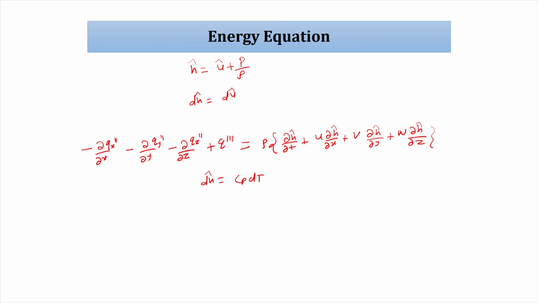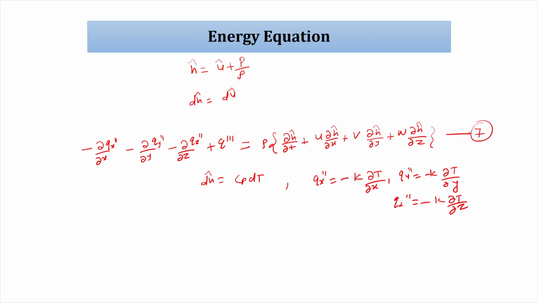Okay. Now, what is q x? Q x double dash is minus k del T by del x, q y double dash is minus k del T by del y, and q z double dash is minus k del T by del z, isn't it? Okay.